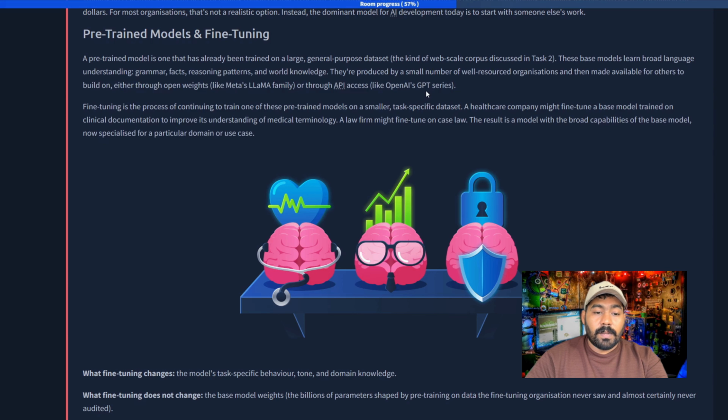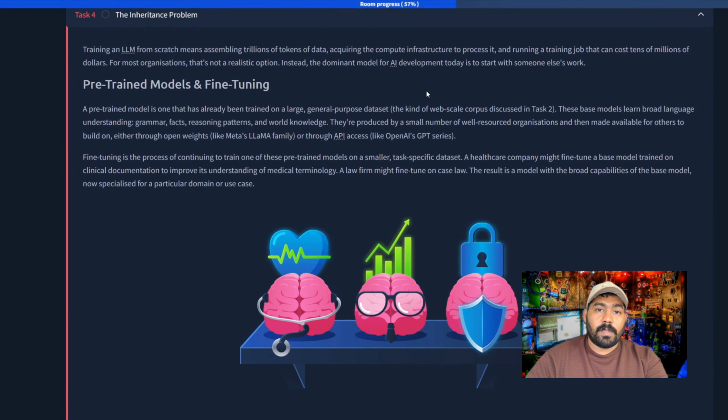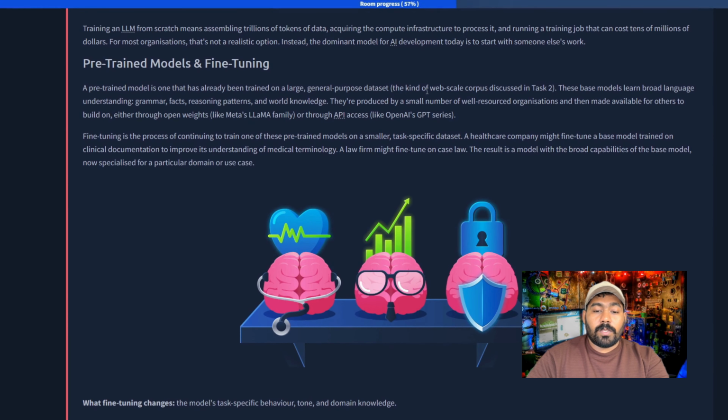So everyone uses pre-trained models. That is a common thing. Let's see how it defines it. A pre-trained model is one that has already been trained on a large general-purpose data set.